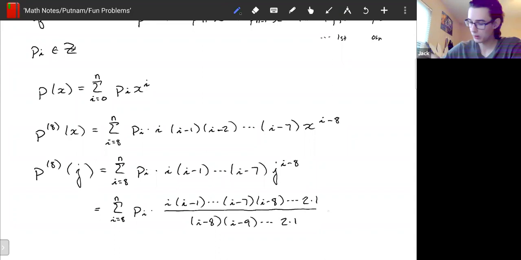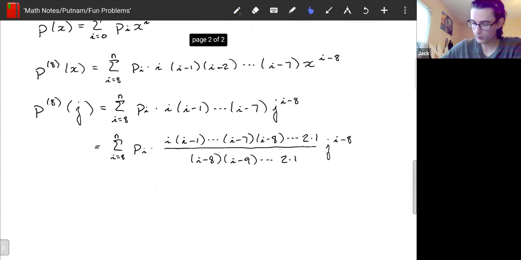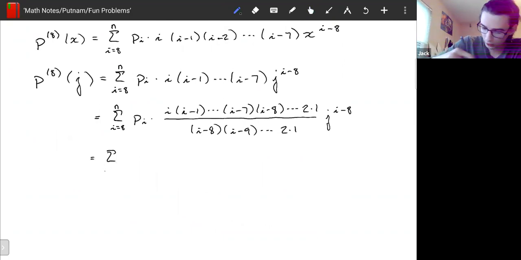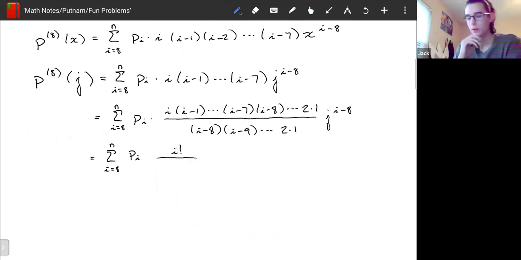And then we can't forget our j, which used to be j to the power of i minus 8. And now we see that up top we just have i factorial.